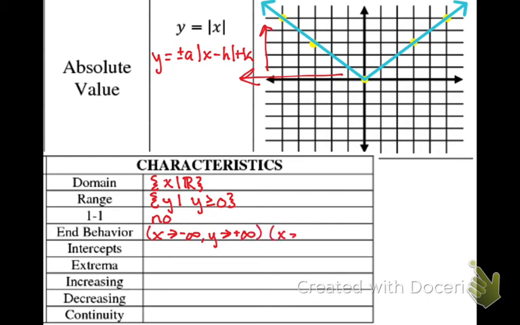As x approaches positive infinity, y approaches positive infinity. So if you were drawing your arrows for me, you would do what? Up, up. X-intercept, (0, 0). Y-intercept, (0, 0).